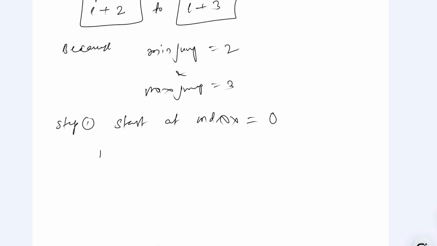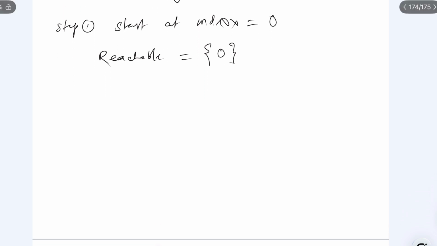The very first, in the reachable, we'll put 0 first, because the count is 1 itself, because we start from the 0, right? So now from index 0, where can we go?